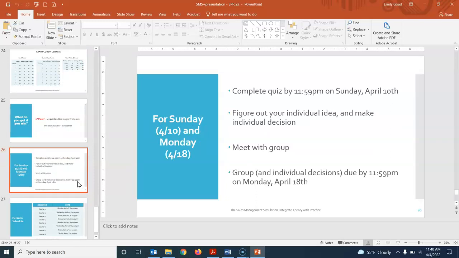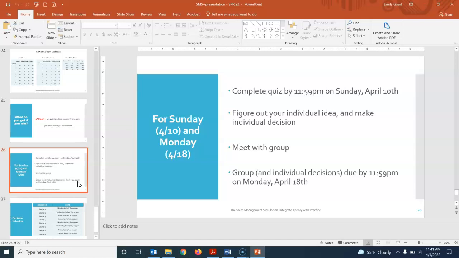For Sunday, April 10th, you need to have completed the quiz by 11:59 p.m. and then sign up for the simulation. Then you have a week for your group to meet or virtually meet.